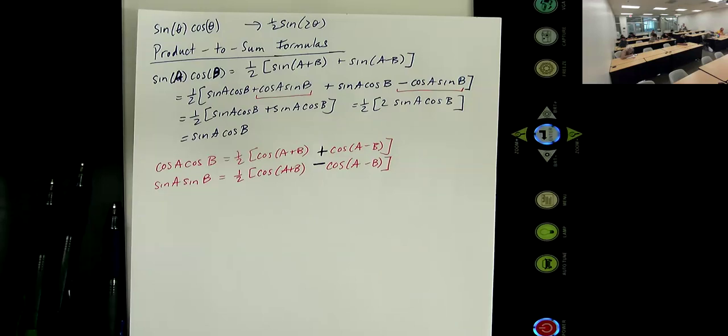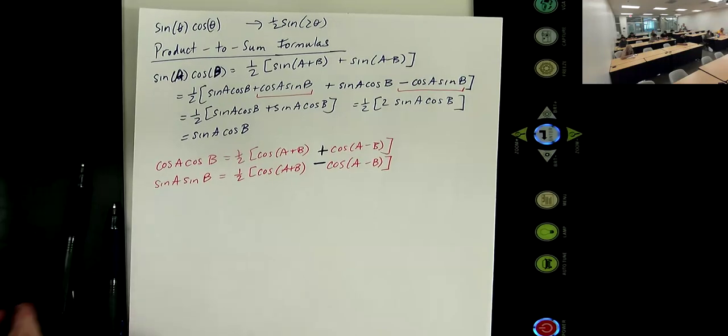So the two product to sum formulas come from the cosine formulas where the trig functions match.